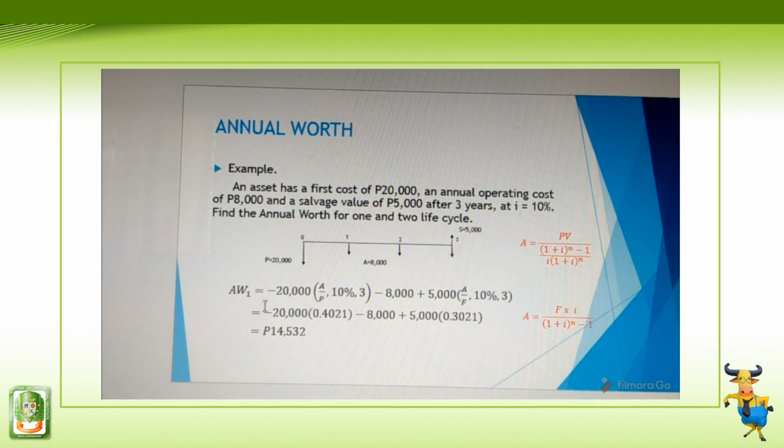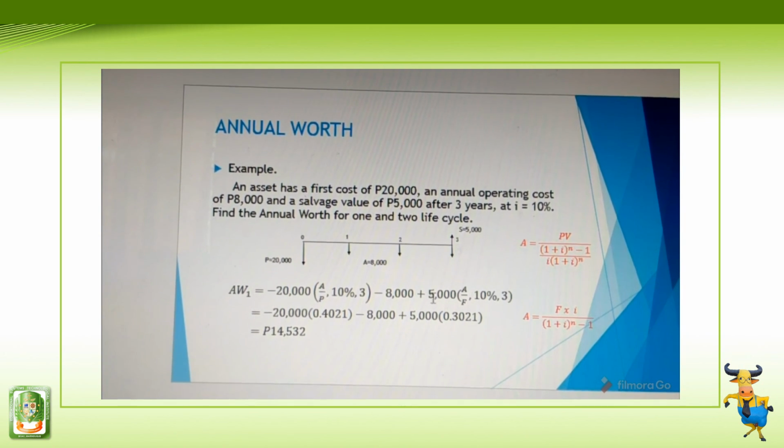So AW equals negative 20,000 multiplied by the factor A given P, 10% and 3, minus 8,000. We no longer need to convert this to an annuity because it is already an annual worth.